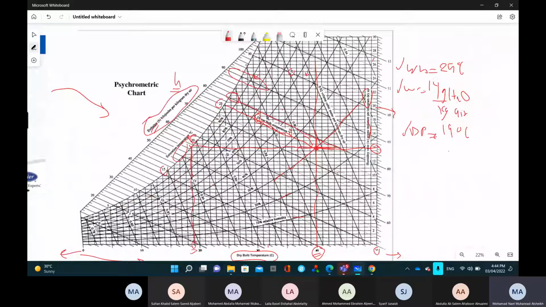So here our point will be between this line and this one. Between these two lines, there are no lines in between, just these two. This one represents 80. If we extend it further, the enthalpy will be 80 kilojoules per kilogram.